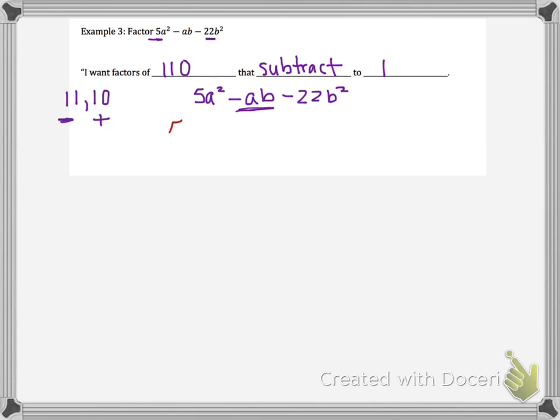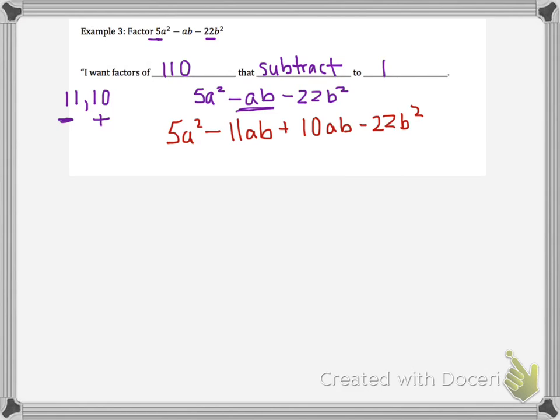So we've got 5a squared, and then we're going to say, okay, let's say I say minus 11ab plus 10ab minus 22b squared.